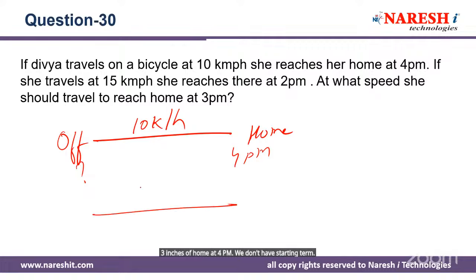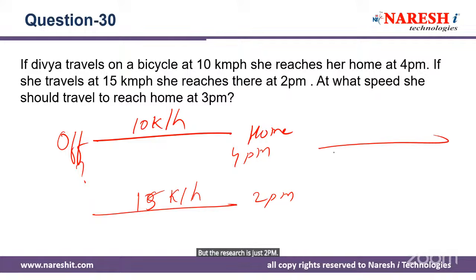Next situation, she travels the same distance at 15 km per hour, but she reaches just 2 p.m. At what speed should she travel so that she will reach at 3 p.m.? Any guesses, guys? Please give your guess answers.